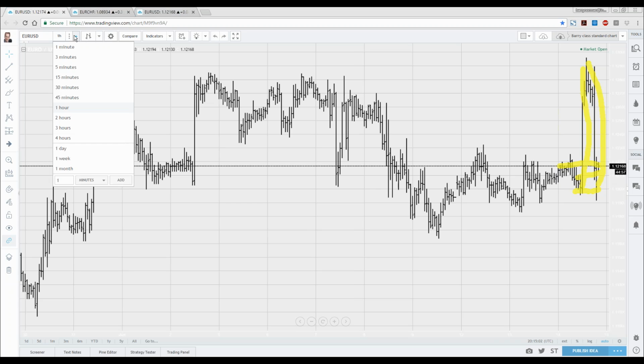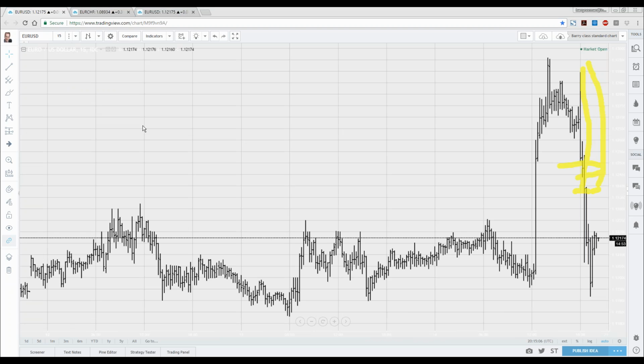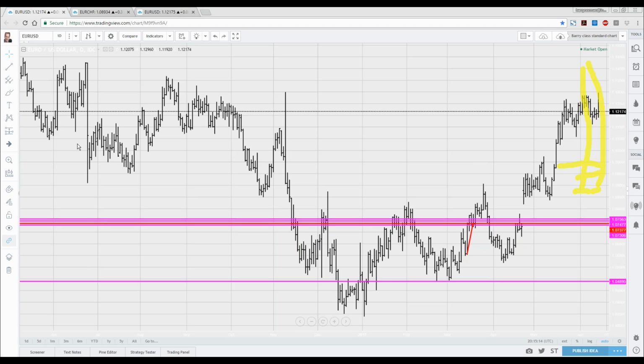If we change it to a 15-minute chart, look at how crazy that volatility is. But if we now go over to a one-day chart, let me just get my markings off of here, we see virtually nothing.